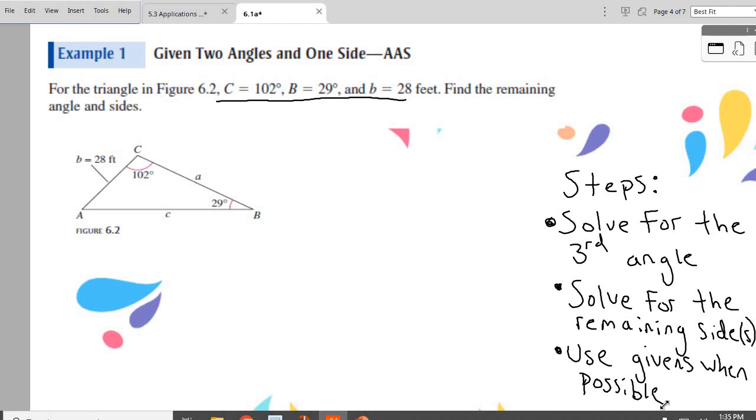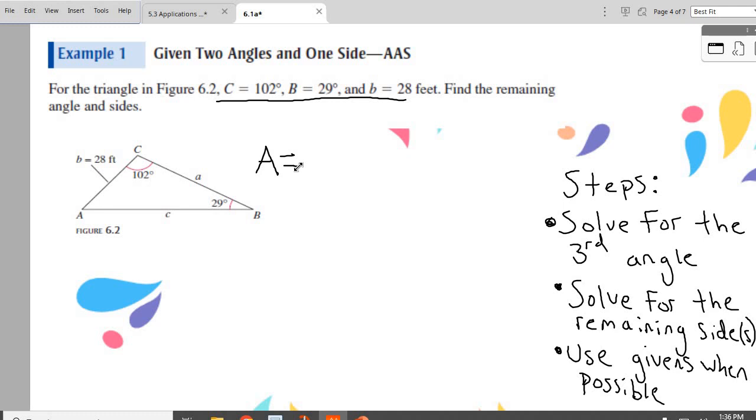So, how do I find my first missing angle? We're looking for angle A. What do we know about the angles in a triangle? Well, the what equals 180? All the angles what? Doing what with them? The sum of them. The sum of them, adding them all together, right? They don't equal 180. Their sum equals 180.